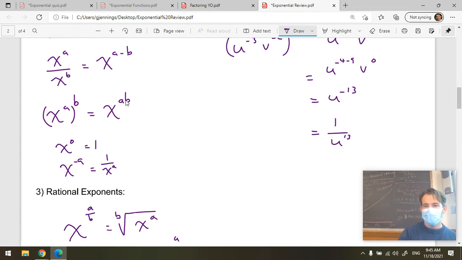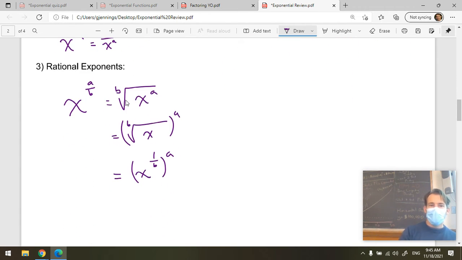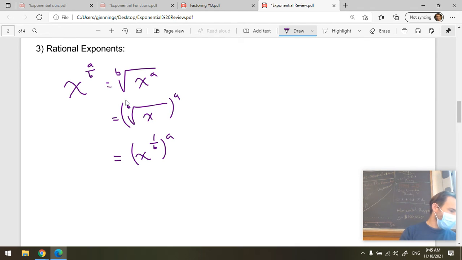Cool. All right. So now with rational exponents, you'll get questions that ask you to write as a rational or write as an exponent. So I'll give you an example of each. If I have 125 to the 4 over 3, well, that's equal to 625.